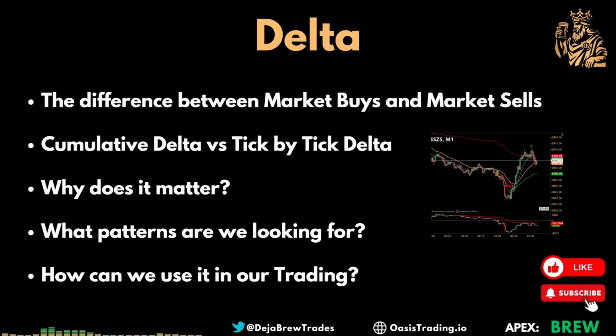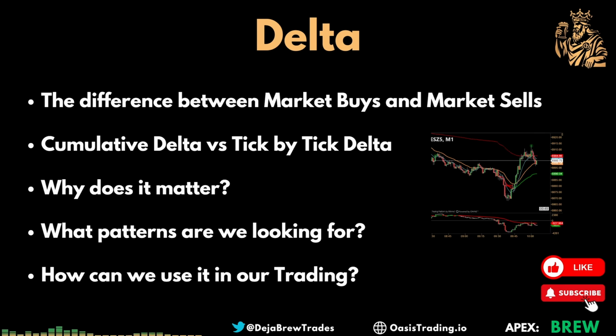When it hits that price, they want to get out of their trade immediately. Okay, so we take all those market buys, we take all those market sells, and we combine them together, and the difference between the two is known as delta. If there's more market buys than market sells, then that is a positive delta, and then vice versa for negative delta. Now, we can look at this delta in a couple of ways.